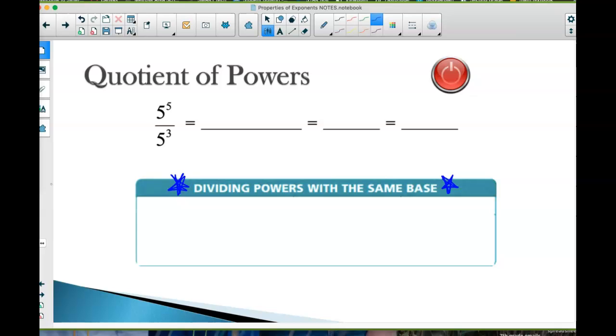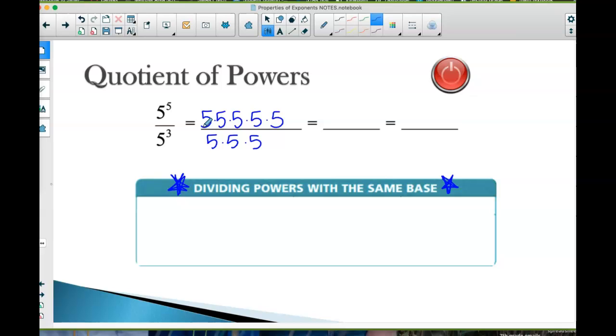Okay, now what this really means would be 5 times 5 times 5 times 5 times 5 divided by 5 times 5 times 5. Okay, and we know that we can then simplify. So I notice that in the top and the bottom, this is just a fraction.